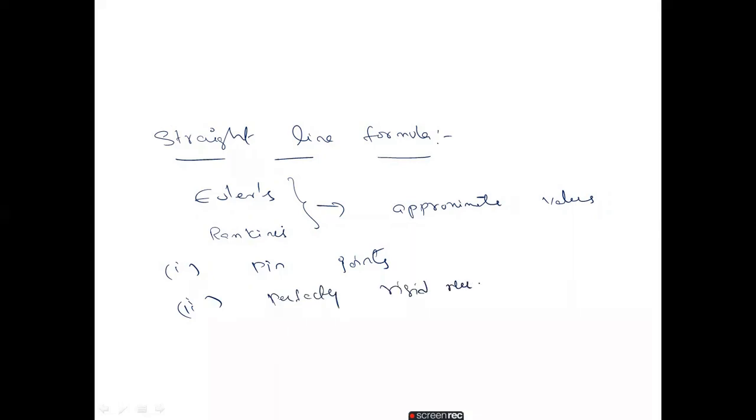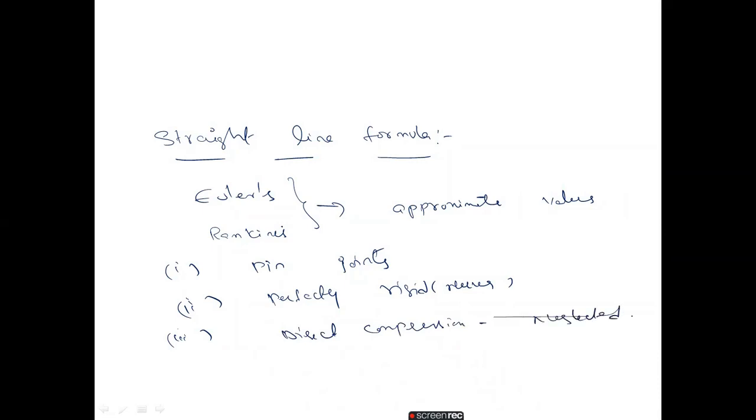The third reason is, in case of Euler's formula, the effect of direct compression has been neglected.